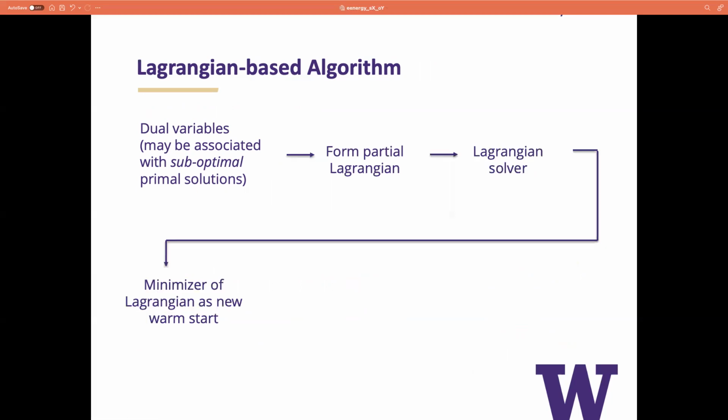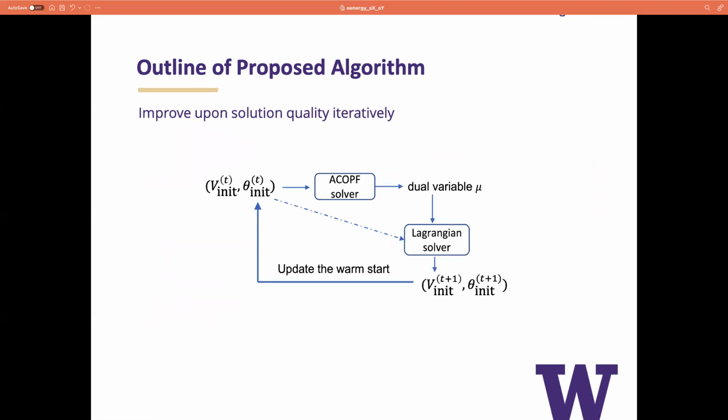By minimizing this partial Lagrangian, we get its minimizer, and we use this minimizer as a new warm start to call the nonlinear programming solver. It turns out that in this way, we can get a solution with a lower cost. The process can be repeated so we can improve the solution quality iteratively.